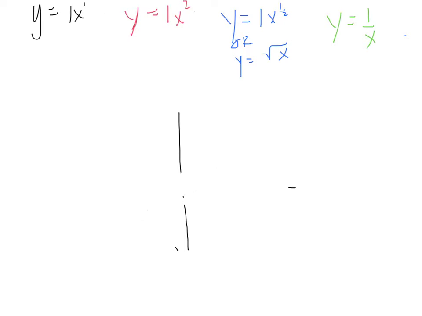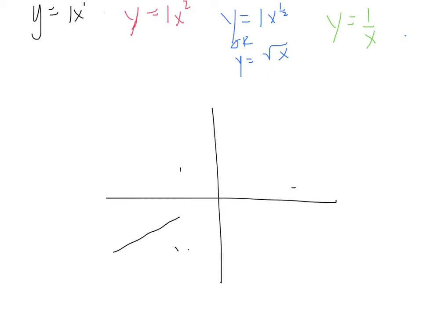Linear function. There's an equation of y equals 1x. So again, it's a direct variation. It has a slope of 1, and it goes to the point 1, 1. That's kind of an important piece right here.